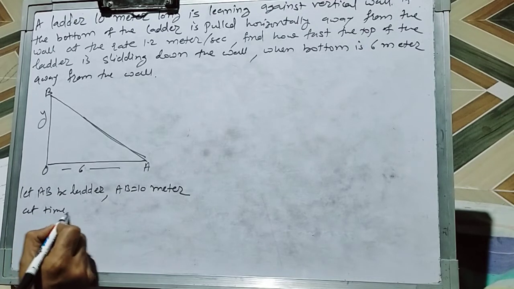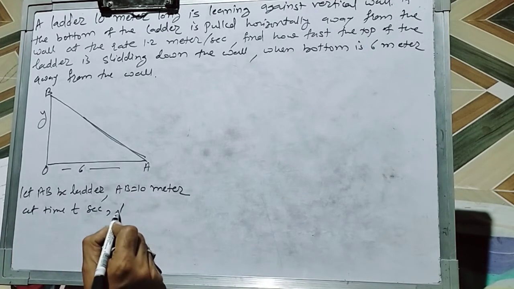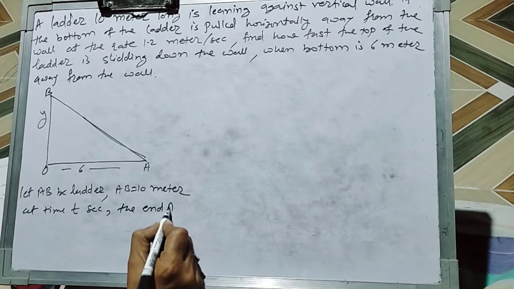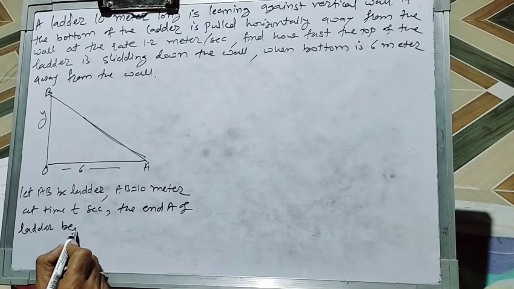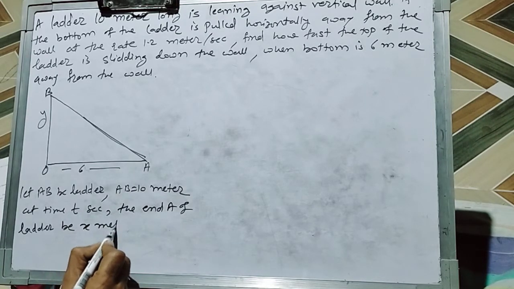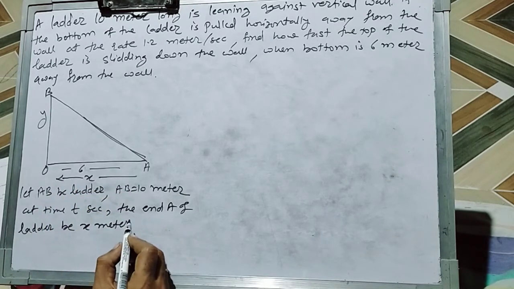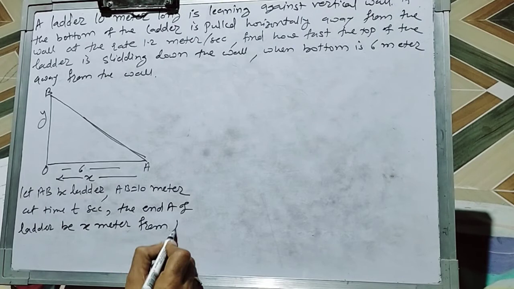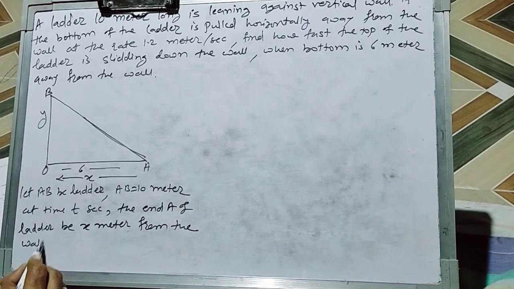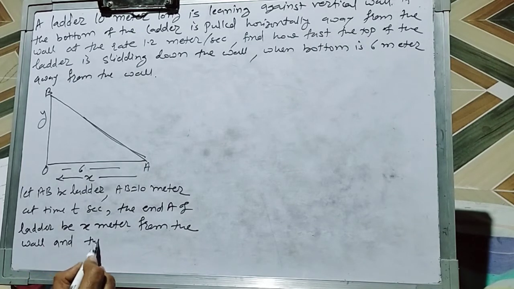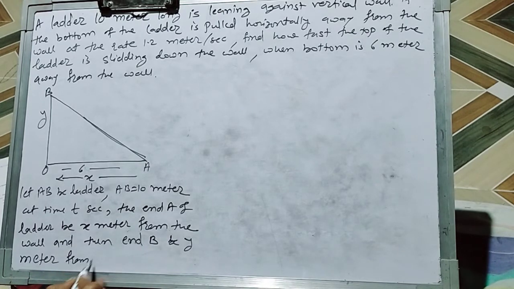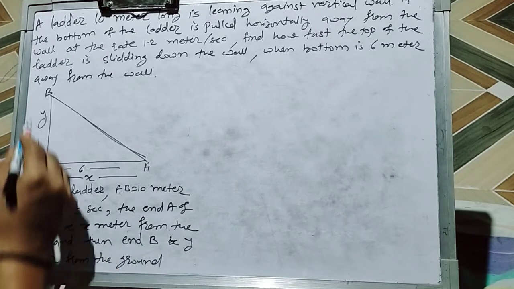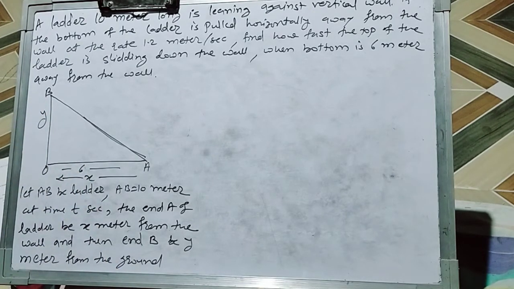At time t second, the end A of the ladder be x meter from the vertical wall, and the end B y meter from the ground. So here this one is y from the ground.